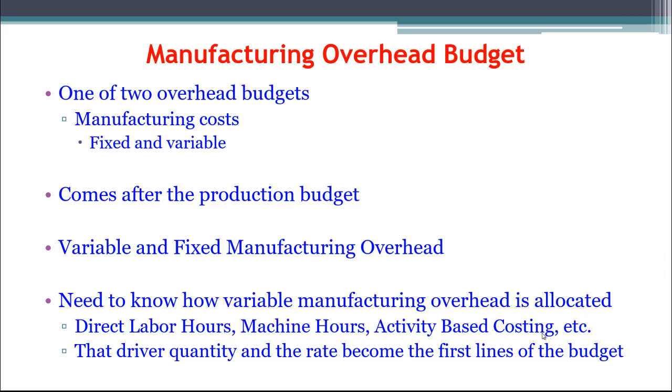If they just use one driver like labor hours or machine hours, you need that quantity, and you also need the variable overhead rate for that type of hour. Activity-based costing gets a little more complex because you're going to deal with multiple rows of variable overhead. You can certainly still do it though.